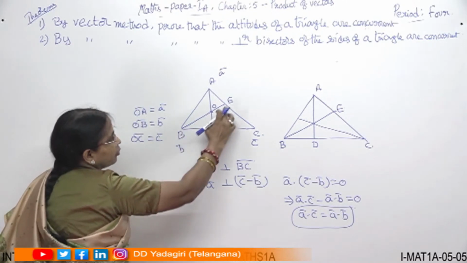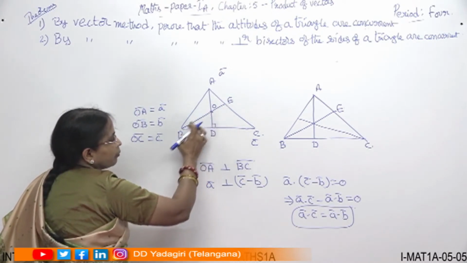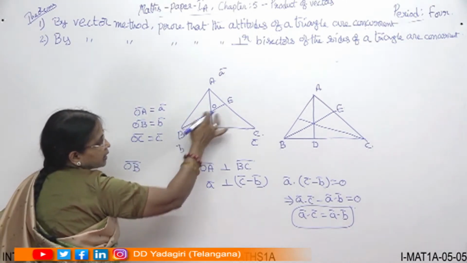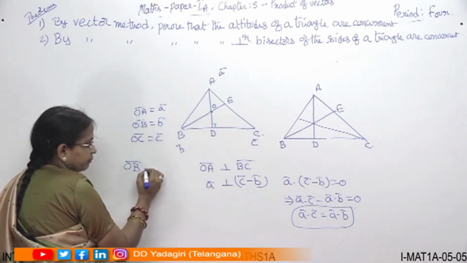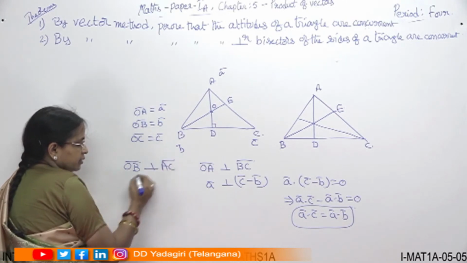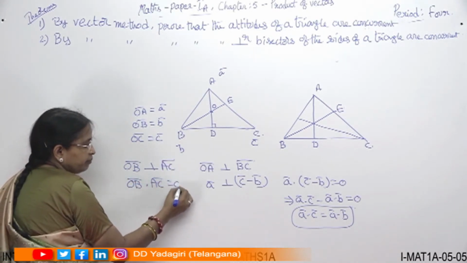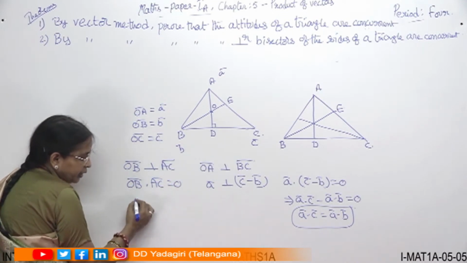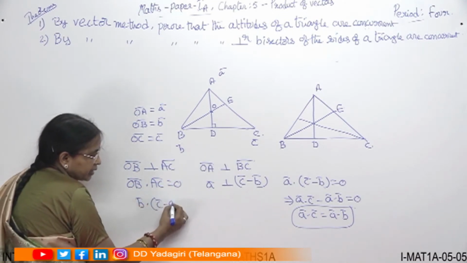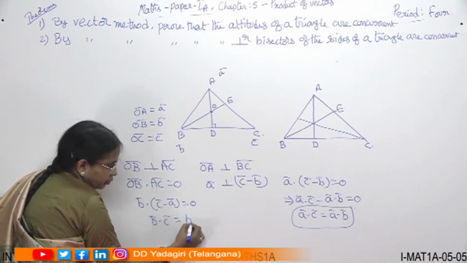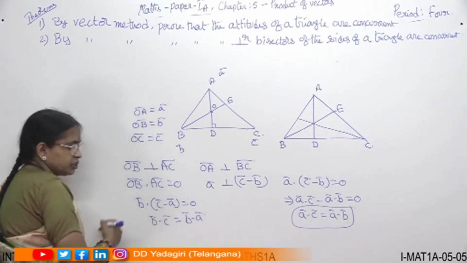Now we'll take BE: OB extended is perpendicular to AC. So their dot product is 0. OB dot AC is equal to 0. In the same way, B dot (C minus A) is equal to 0, or B dot C is equal to B dot A.